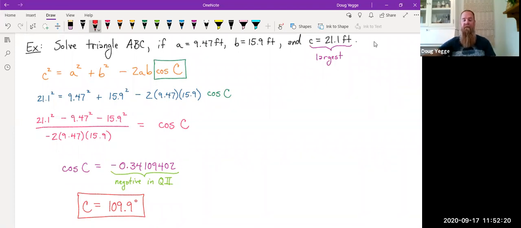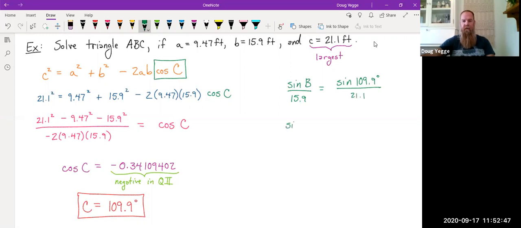So now that we have angle C, we can now just use the law of sines in order to solve the rest. So let's set up sine of angle B over side B, which is 15.9, is equal to sine of angle C, which we just found is 109.9 degrees, over side C, which is 21.1.